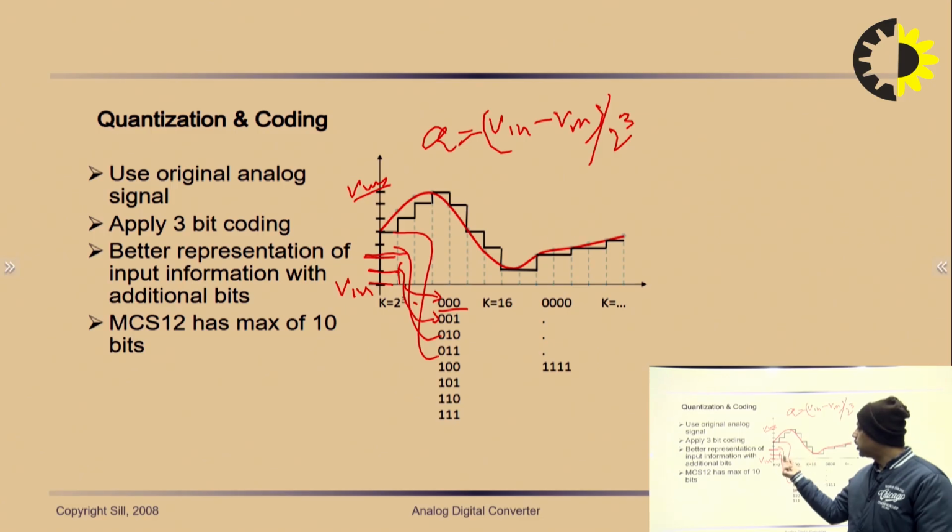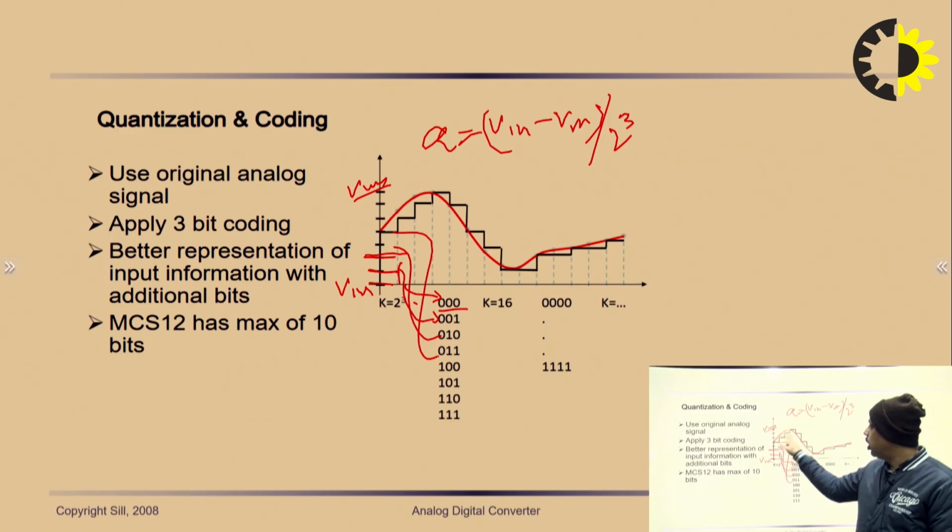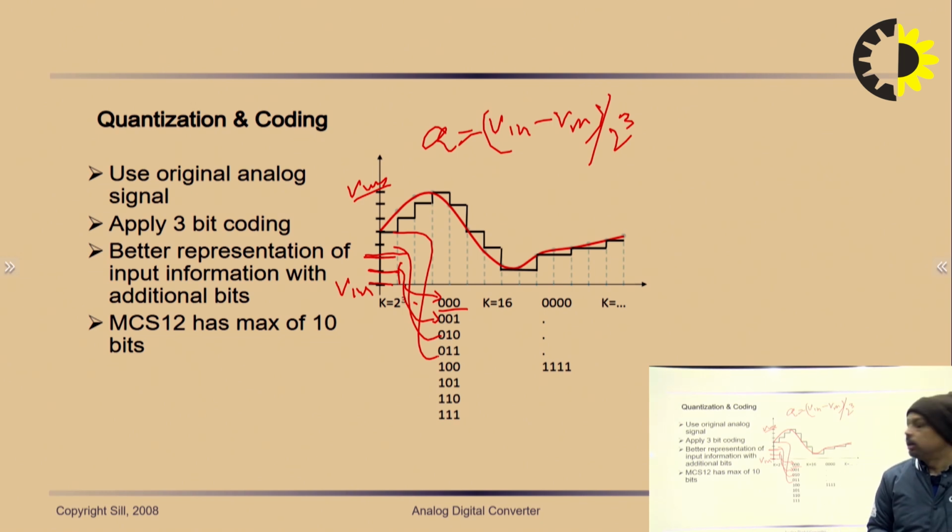Now we have to transmit this code only, not the particular signal, or we can save this code only to produce the digital equivalent of the analog input signal. So in this way, sampling, quantization and encoding combined produce a digital output for the analog input.